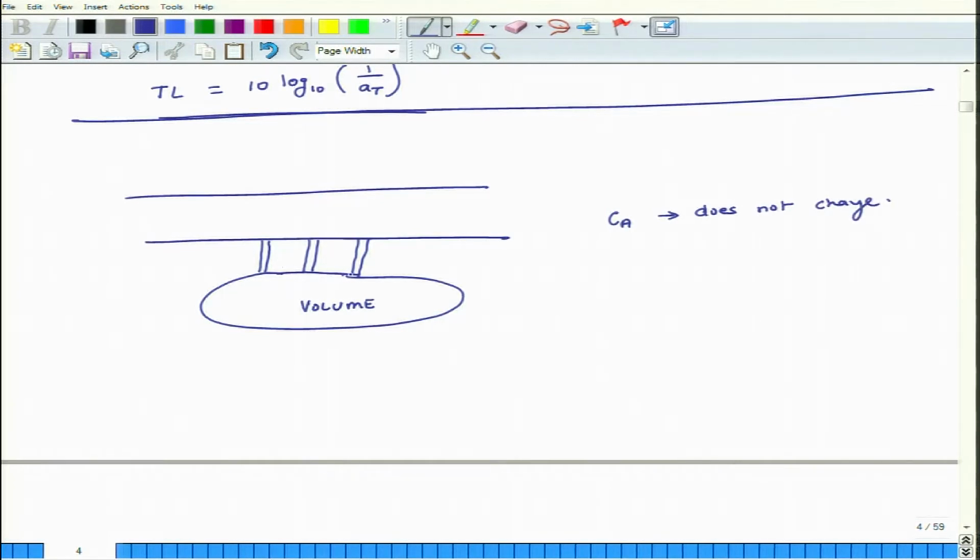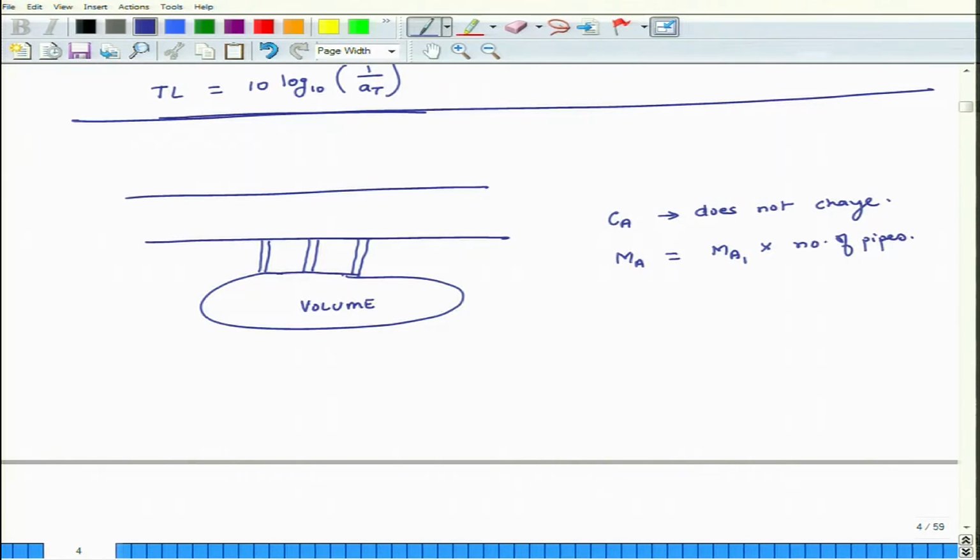But if these pipes are equal in length, then acoustic mass is basically the acoustic mass associated with one pipe times the number of pipes. Because the amount of air present in each pipe, we have to add those things.